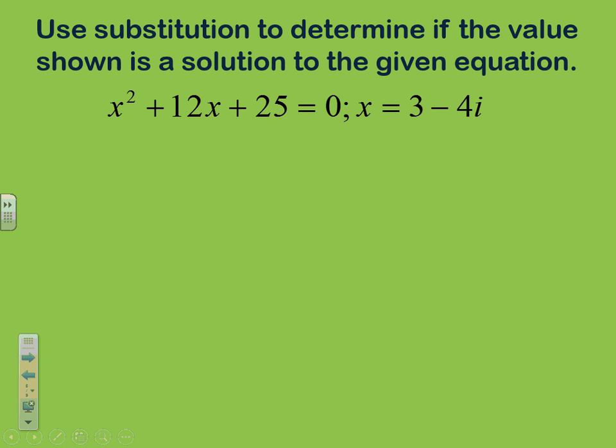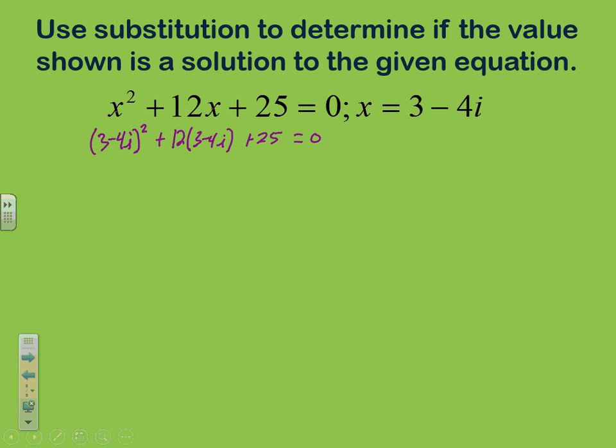Because that's exactly what we're doing: we're going to take this expression 3 minus 4i and substitute it anywhere I have an x. So if I substitute into the first x, where it's x squared, I'm going to say 3 minus 4i, and then I have to square that, plus 12, and then I'm going to substitute 3 minus 4i again, plus 25 to be equal to 0.